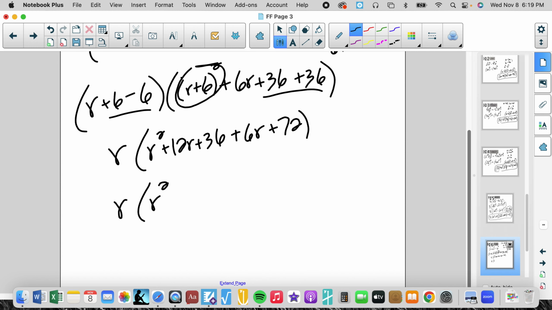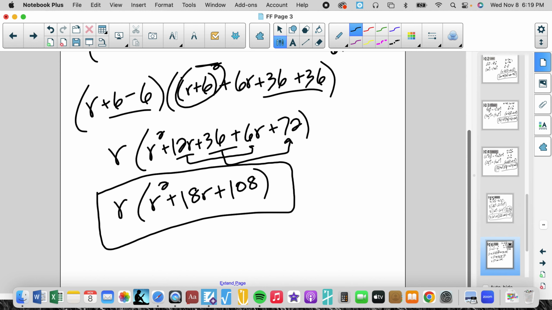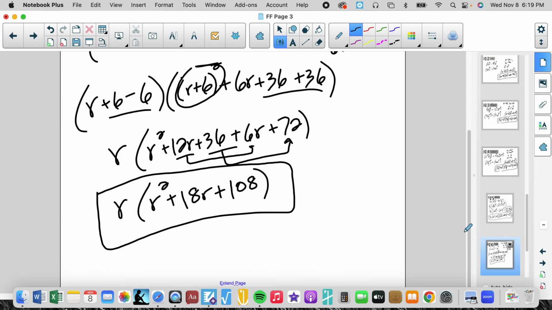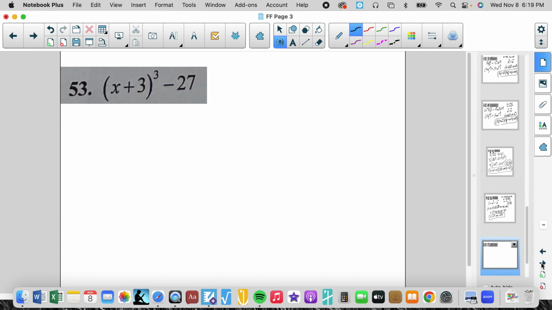We have r squared, we have 12r and 6r, which is 18r, and we have 36 and 72, which is 108. Ooh, that's nice and clean. Yeah, that's nice. So hopefully that technique of substitution is making this a little bit easier.